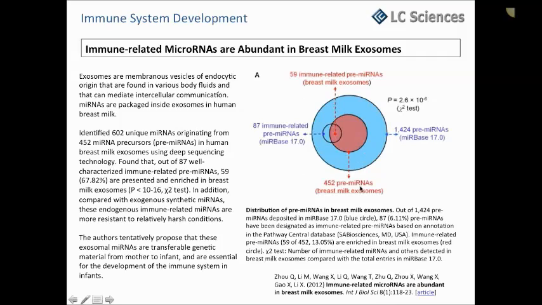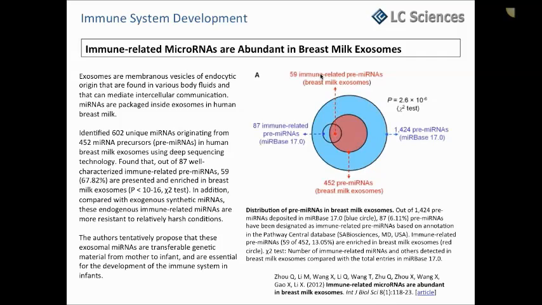There are a total of 452 precursor microRNAs found in breast milk exosomes, which then result in 602 unique mature microRNAs. And out of these, 59 are present and enriched in the breast milk exosome.